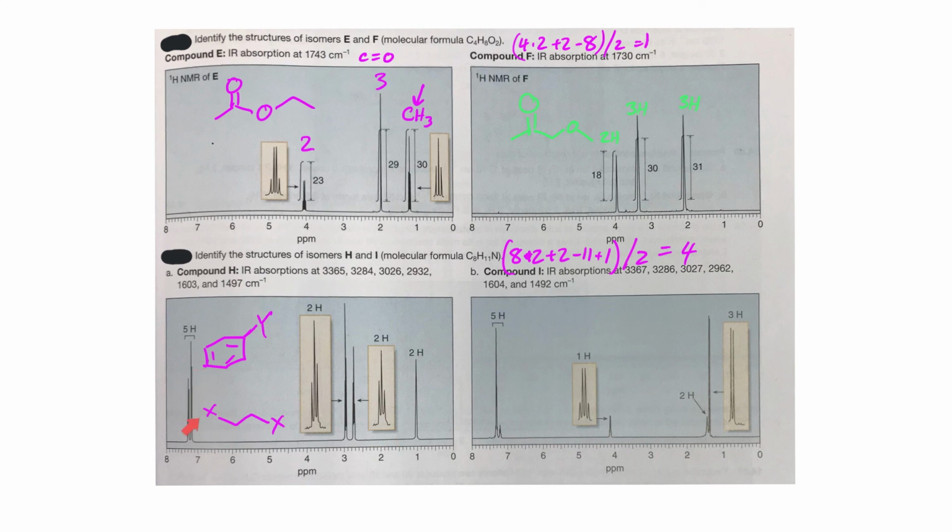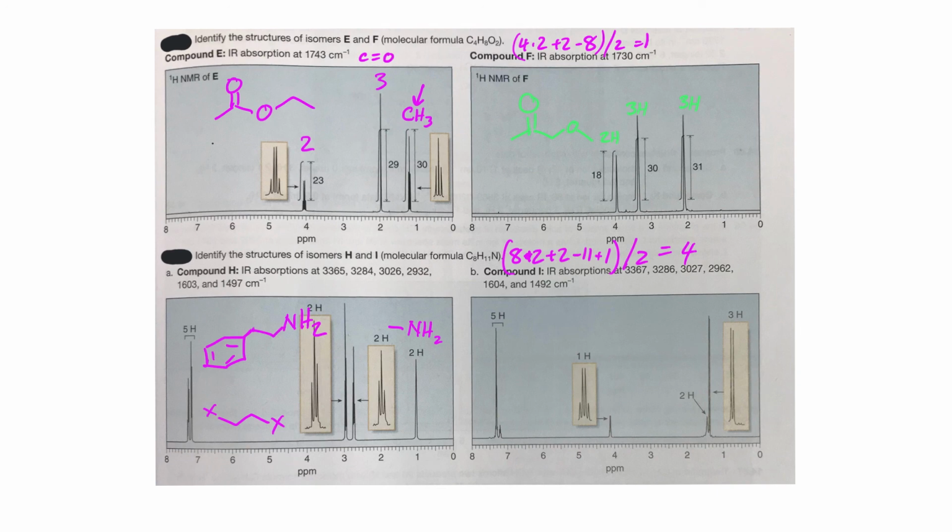I have 6 here, 7, 8. I've accounted for all 8 carbons. I've got 5 hydrogens here, plus 4 more is 9. I'm missing 2, that's what these 2 are. So most likely, this is an NH2 group, and that has 1 bonding partner. And so I think I can put these together because I have something with 2 bonding partners, a piece with 1 bonding partner and another piece with 1 bonding partner. So I'm going to erase my Y and just fill in the rest of my molecule.